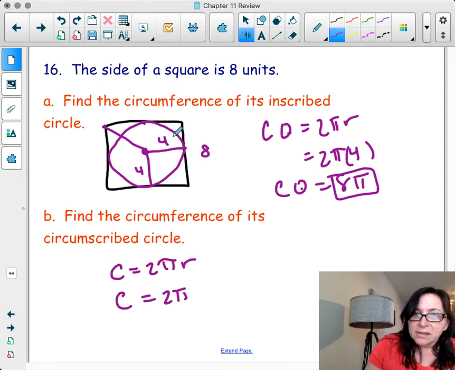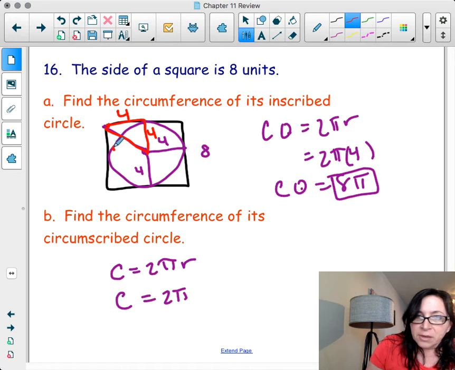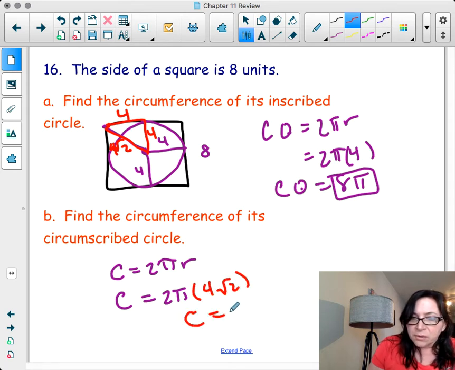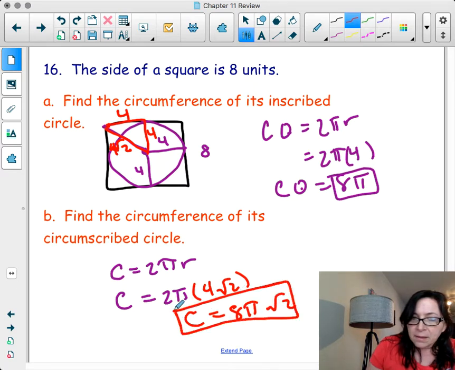Well, the radius is this length that we just drew. We know that that's 4, and that's going to be 4 root 2. And so therefore, my radius is 4 root 2. So circumference equals 8 pi root 2. All righty.